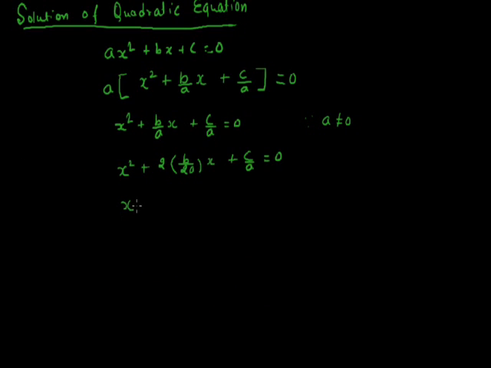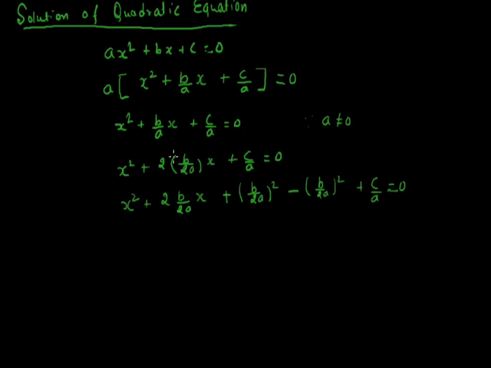So x square plus twice b upon 2a multiplied by x plus, we will add b upon 2a whole square and subtract b upon 2a whole square, plus c by a in this equation. Add b by 2a whole square minus b by 2a whole square. See, this will again become x square plus b by a into x plus c by a equal to 0.